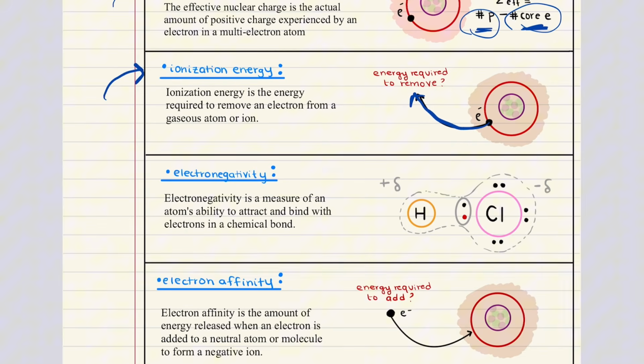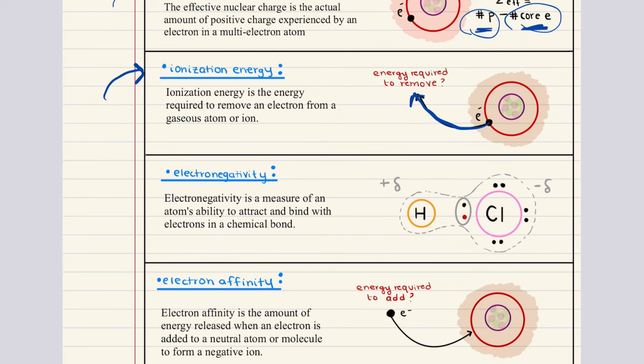Ionization energy is a key indicator of an element's reactivity, and it's very much influenced also by atomic radius and effective nuclear charge.